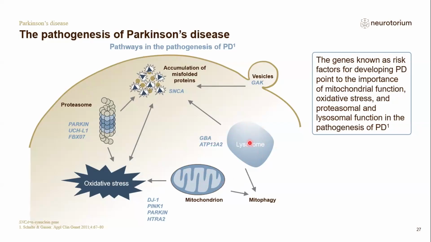Then I talked about GBA1, which is a gene within the lysosome that helps it to function and to do clearance of the unwanted cellular debris, or to create space for regeneration of new neurons.